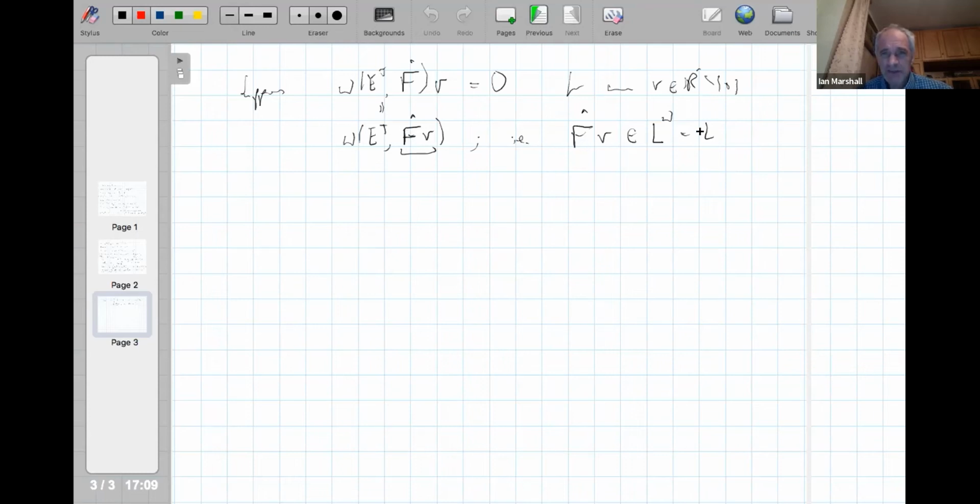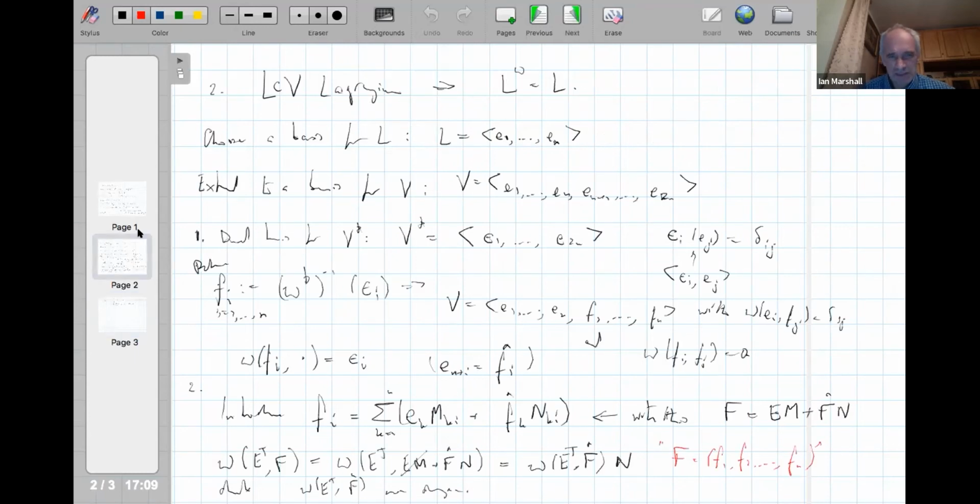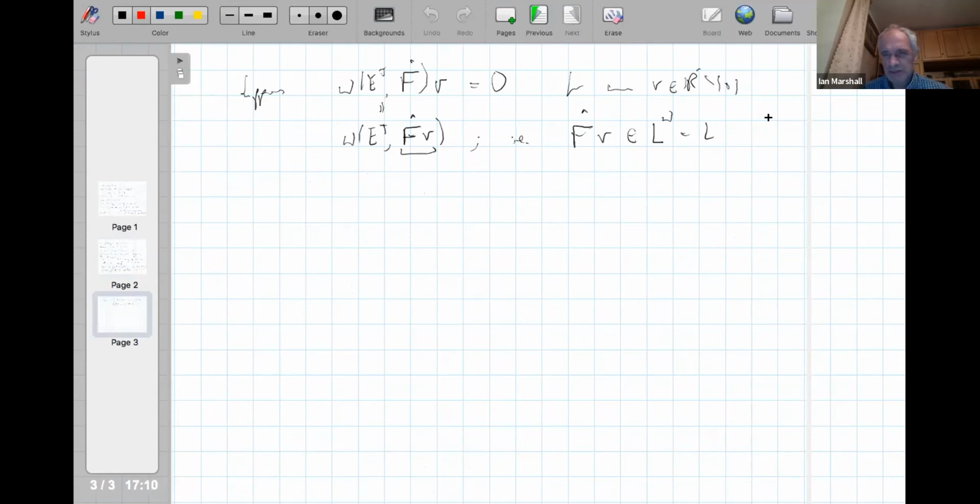And that just tells me that this guy is in L, but we can't have that, right? Because if this is in L, then it means that there's a linear combination of these F's that is in L, and that's not permitted. Okay. So that's a contradiction.